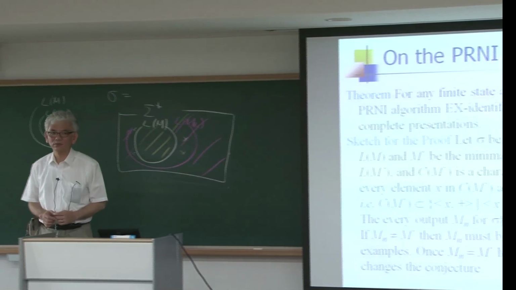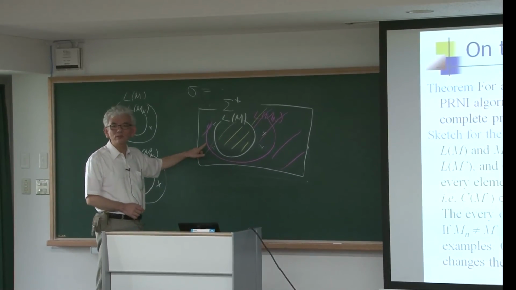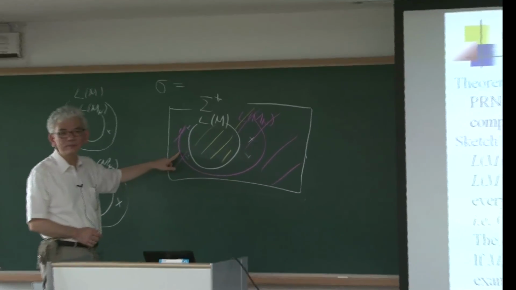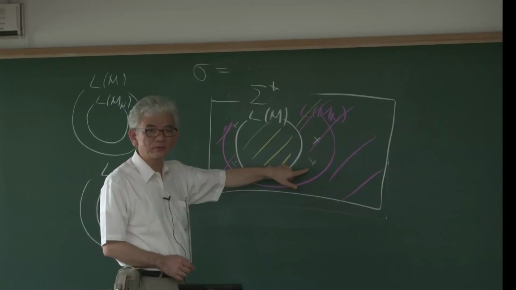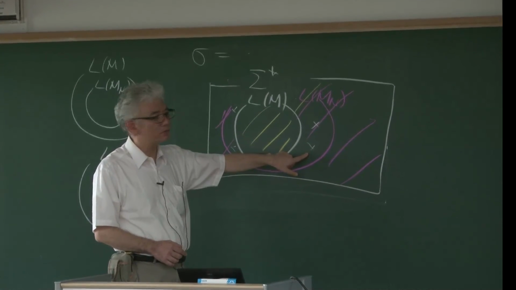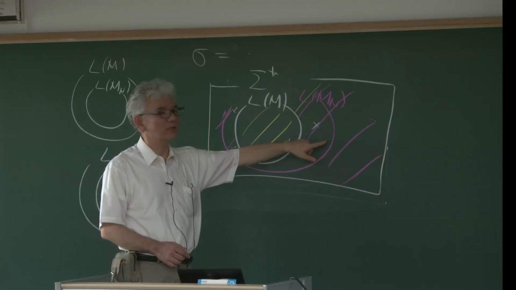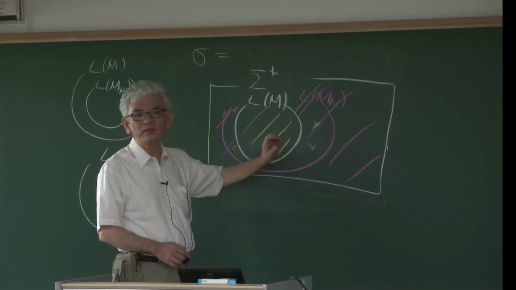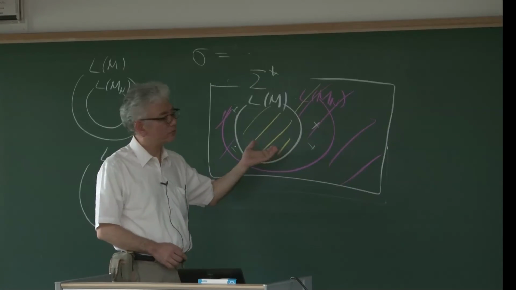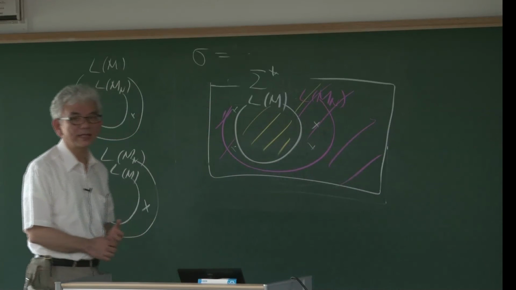All that I would like to explain is that if the output is overgeneral, then a negative example, which shows that the hypothesis conjecture is overgeneral, comes eventually. And at such a moment, we can revise by running the pruning algorithm again.